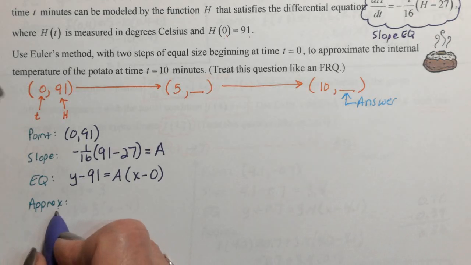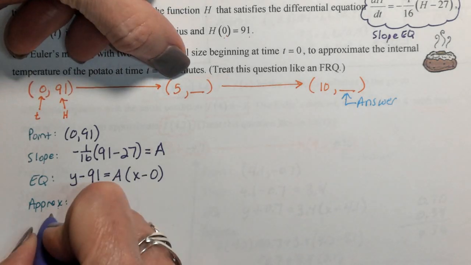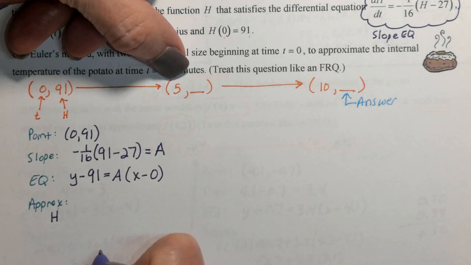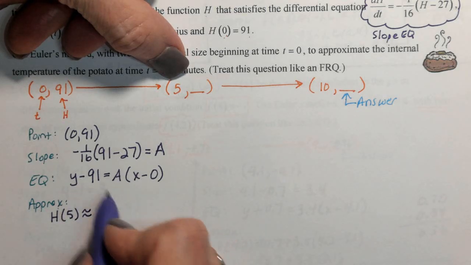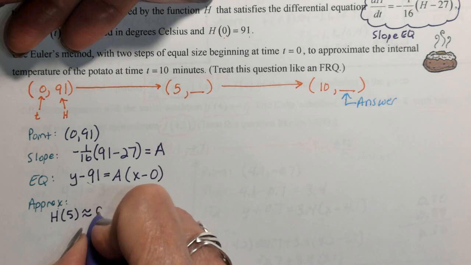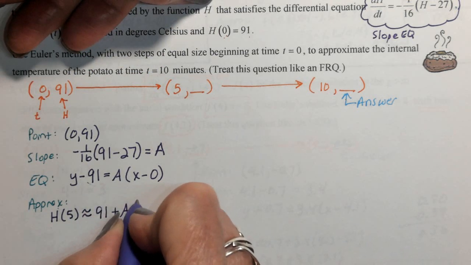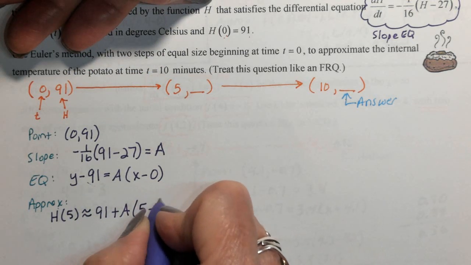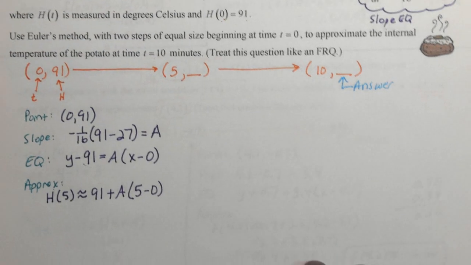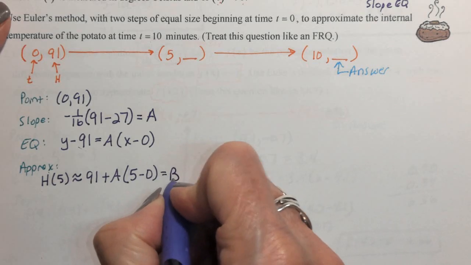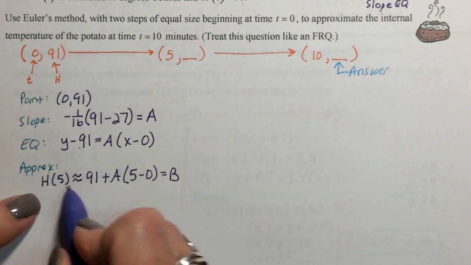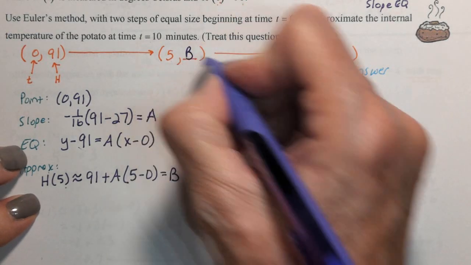My approximation is, we don't have an f, we have an h here. H at 5 is approximately equal to 91 plus A times 5 minus 0. And again, I don't have to figure this out. I can call that b. So h of 5 is b, right there.